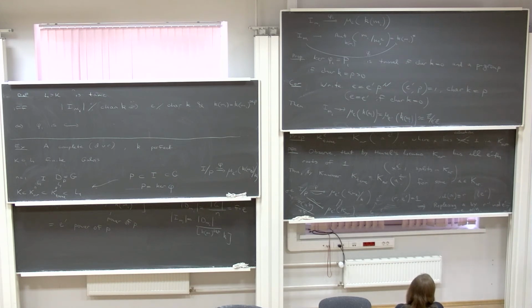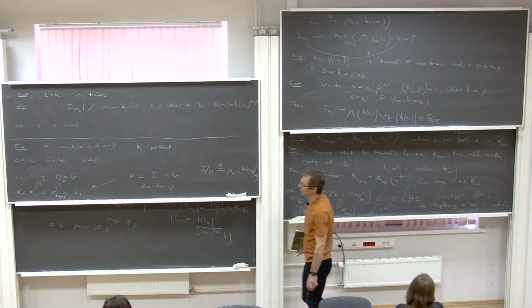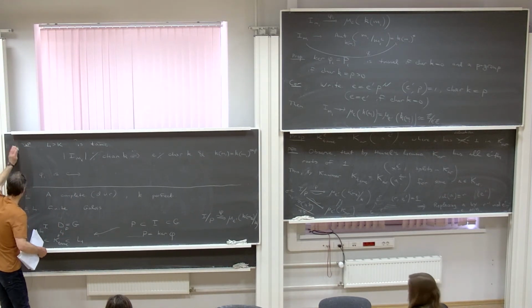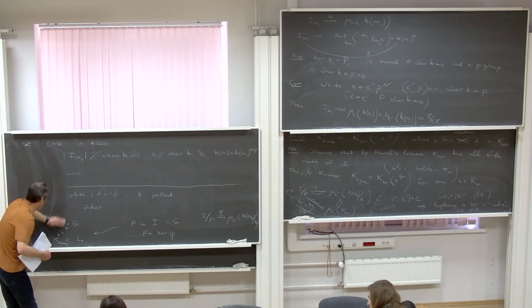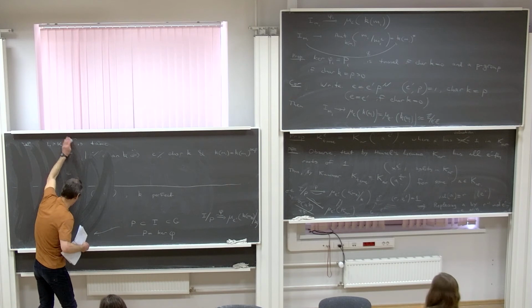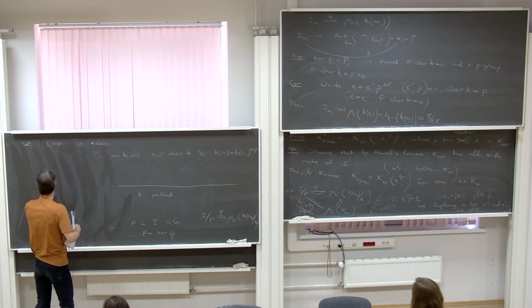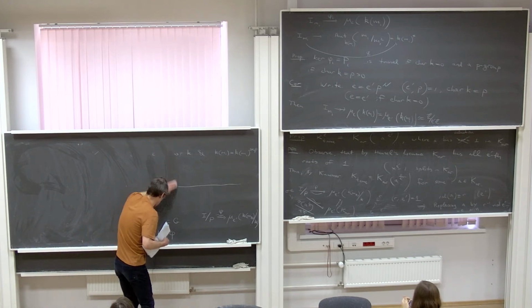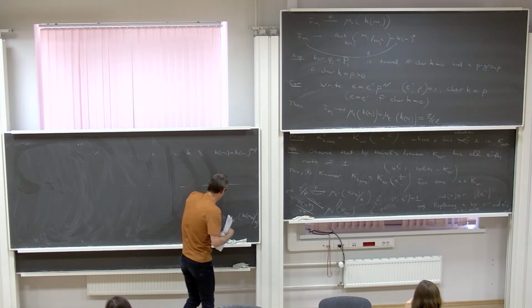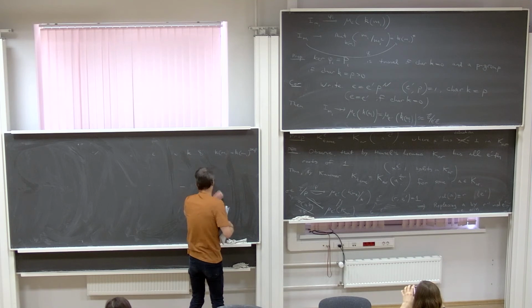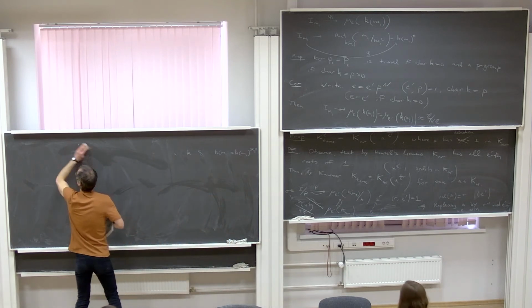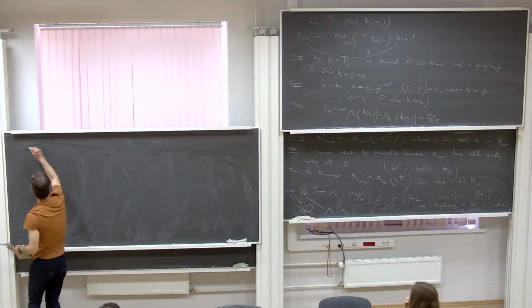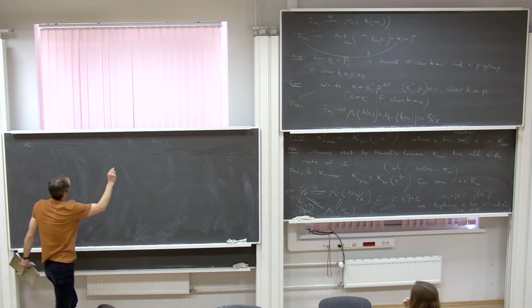Very good. So we have quite an explicit description, and I want to finish this example by describing the Galois group of the algebraic closure of K. So we have K, and we have K bar.